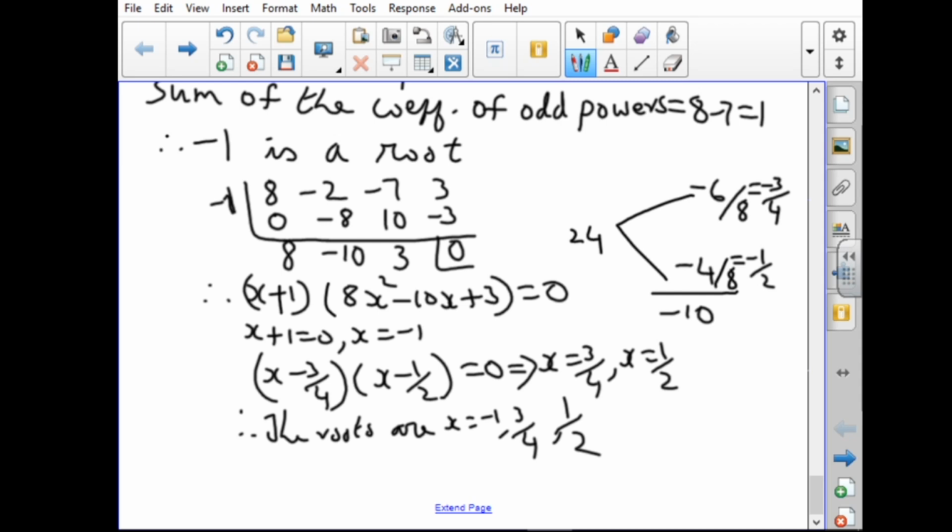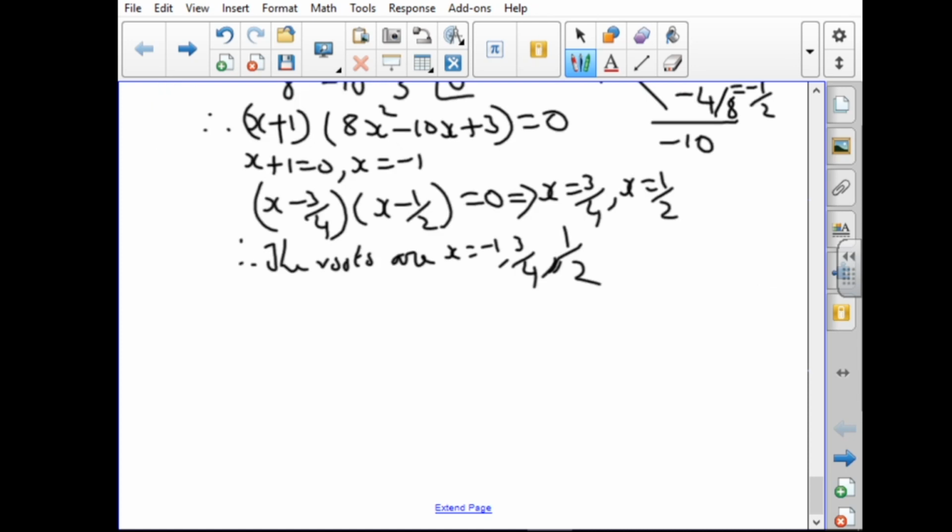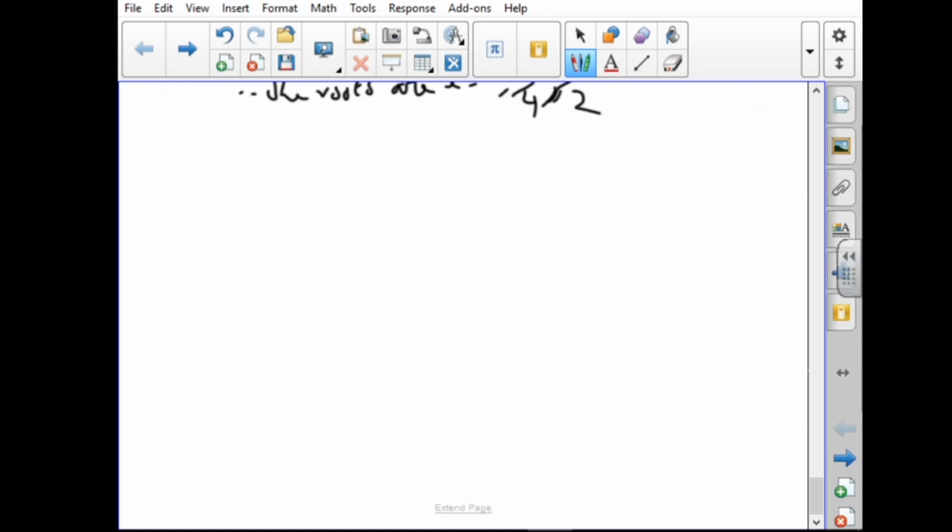Okay, coming to the next question. Question number 7. Solve the equation x power 4 minus 14x square plus 45 is equal to 0.